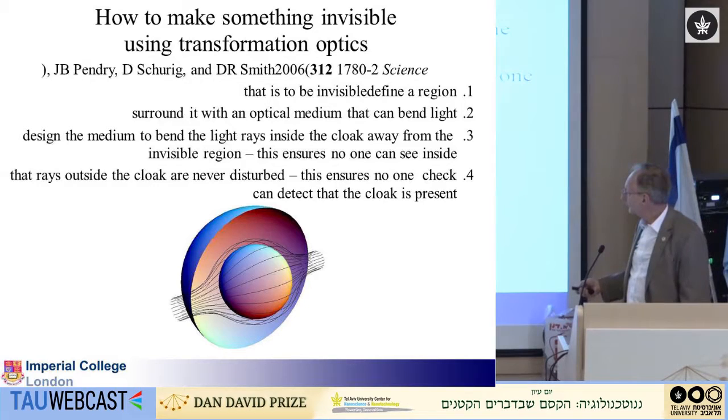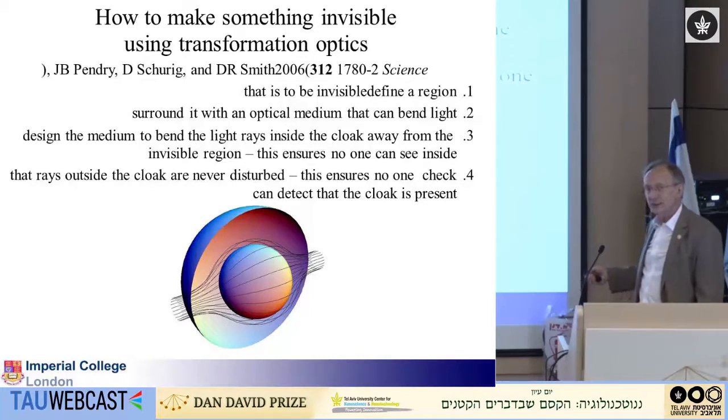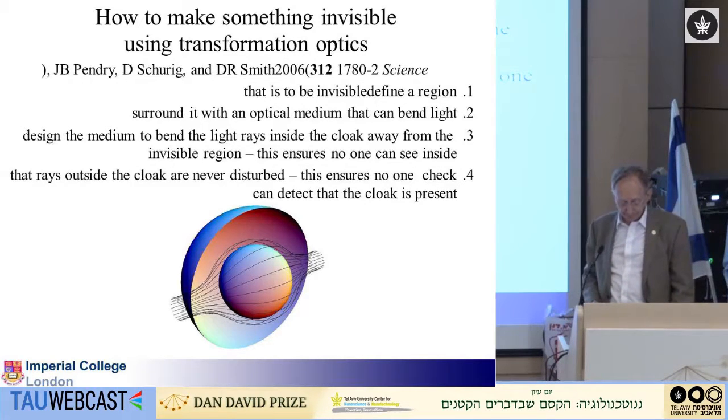So you're allowed to deviate the lines, making them flow like water, but they've got to come out in exactly the same path as they would do if there wasn't anything there. So anybody looking here sees straight through this thing and sees what's on the far side.